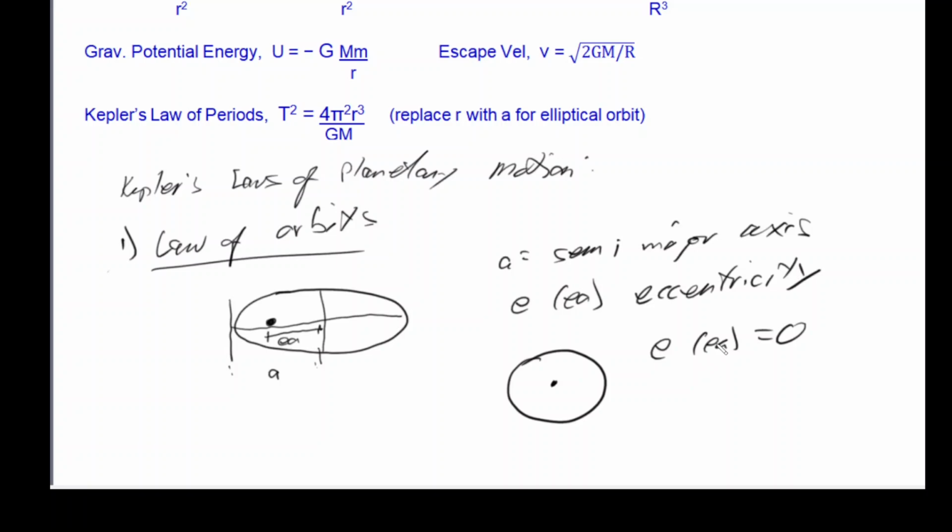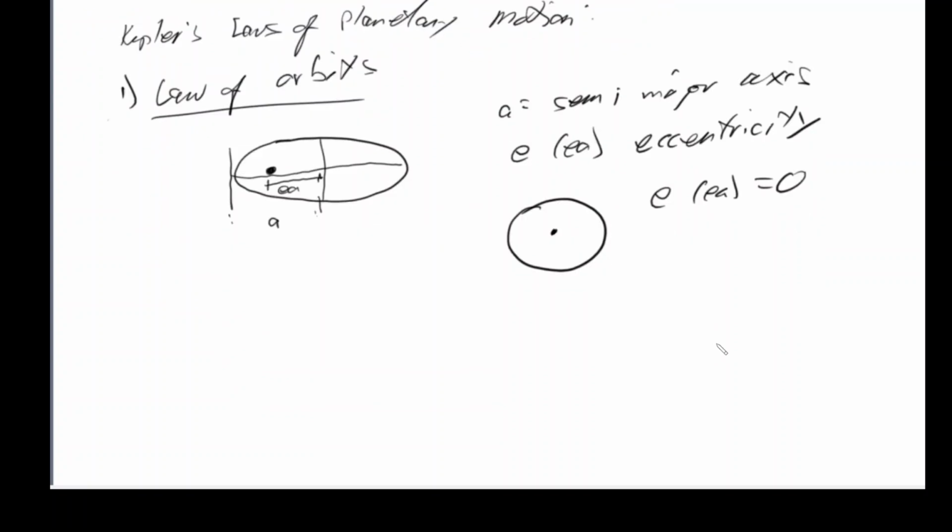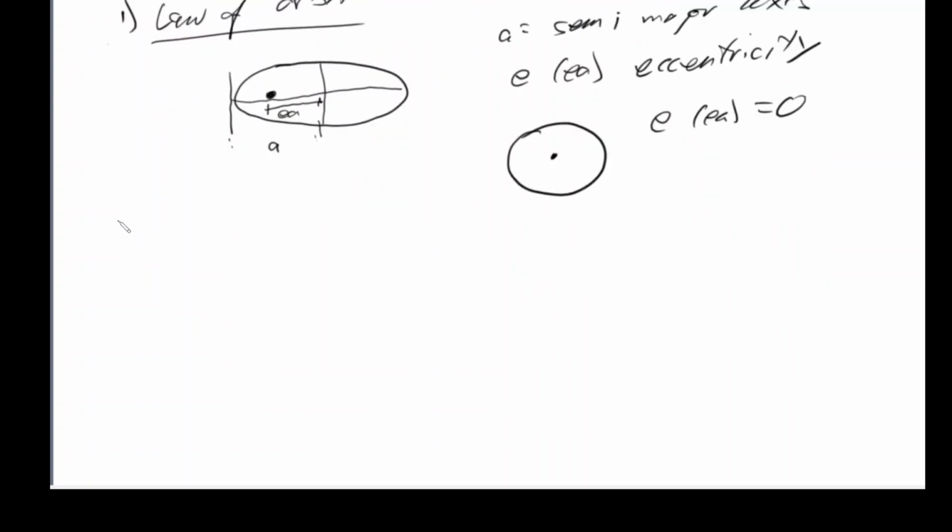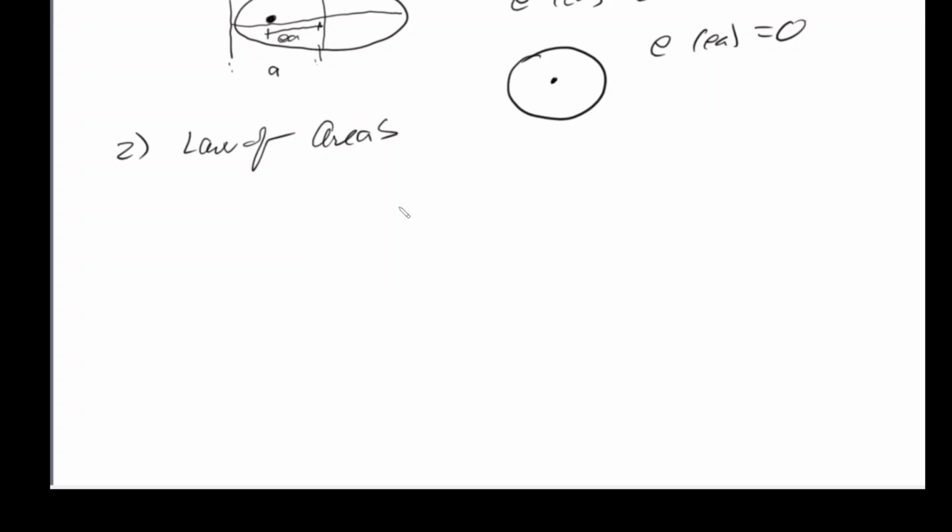So let's look at the second of Kepler's laws of planetary motion. And this he calls the law of areas. And this states that a line that connects a planet to the sun sweeps out equal areas in equal time.